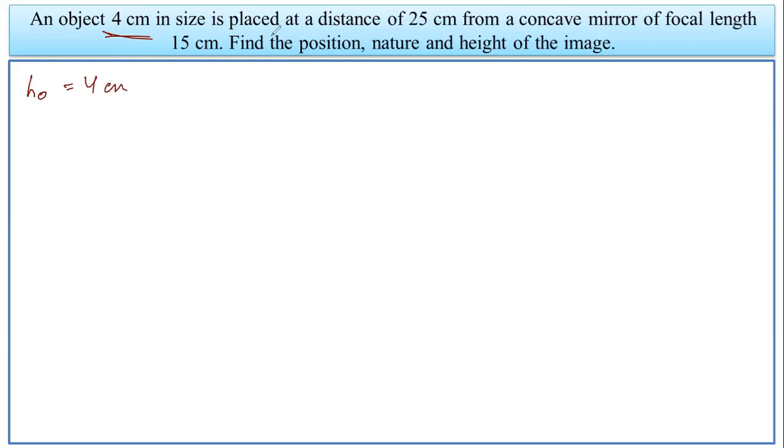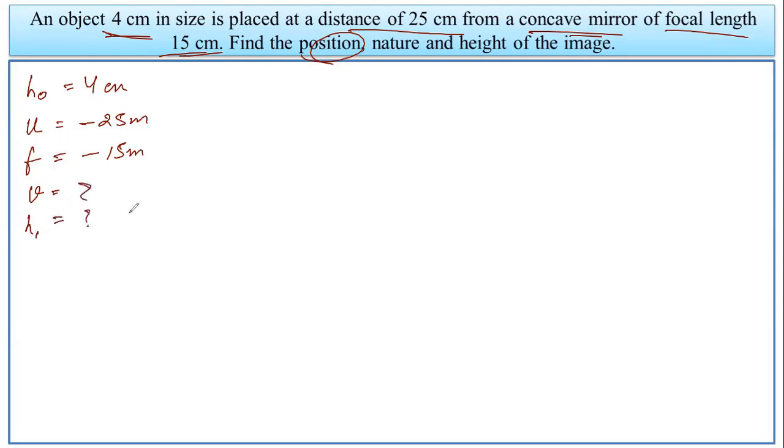Next, it is placed at a distance of 25 centimeter from a concave mirror, so u is minus 25 centimeter. Then the focal length of 15 centimeters, for a concave mirror it is minus 15 centimeter. Next, you need to find the position of the image, then the nature and the height of the image also.